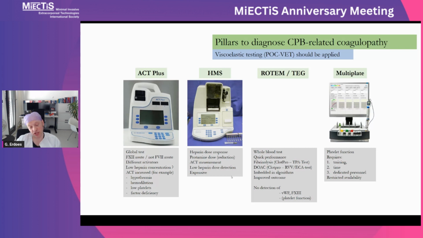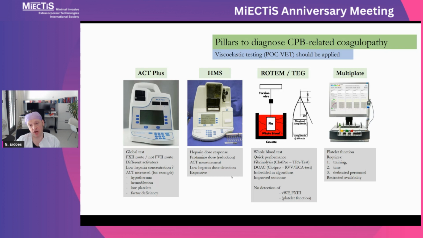So this is not an appropriate machine to diagnose the heparin effect. It is more a general test. We have another device, the HMS machine, which tests heparin dose response. So if you are using this machine, you can exactly calculate your heparin and protamine dose.